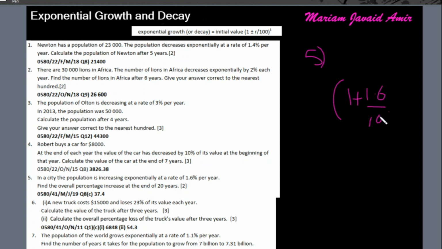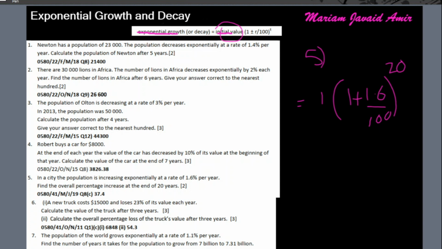So we don't have the original value, and we don't have the value after 20 years. We can incorporate algebra and use x, but instead we'll use 1. Let's say the initial value is 1.